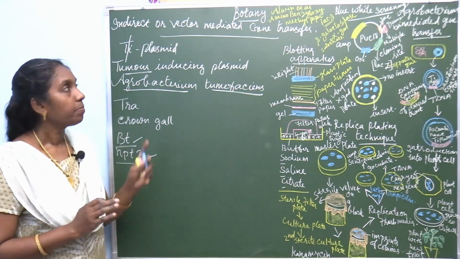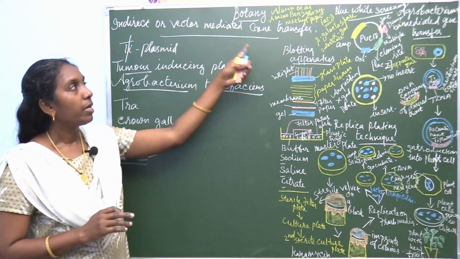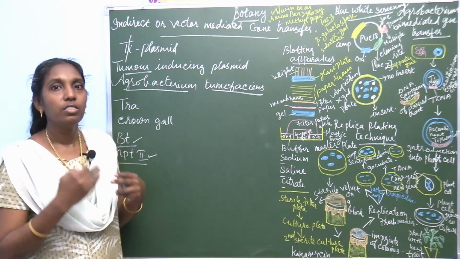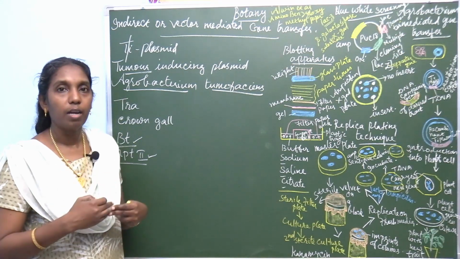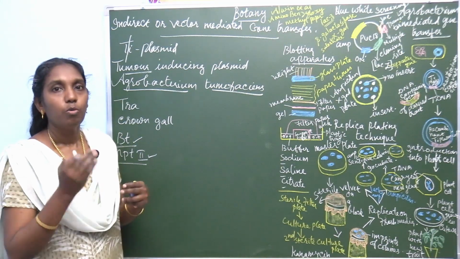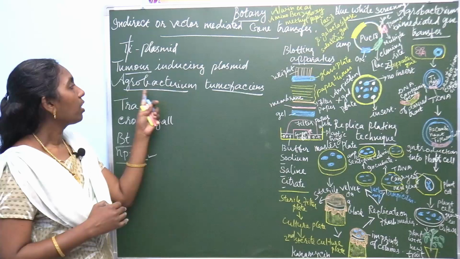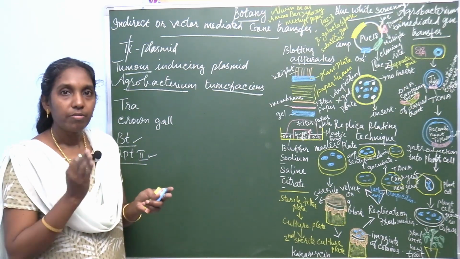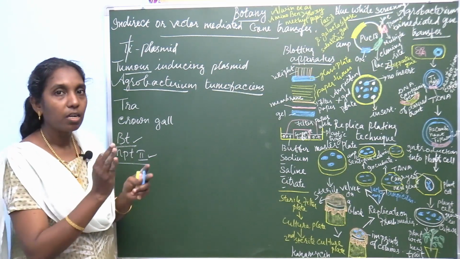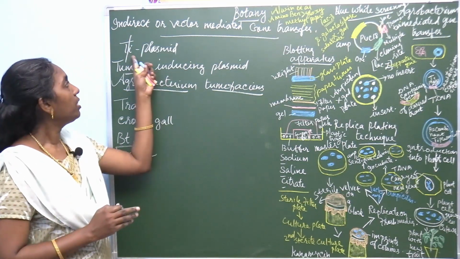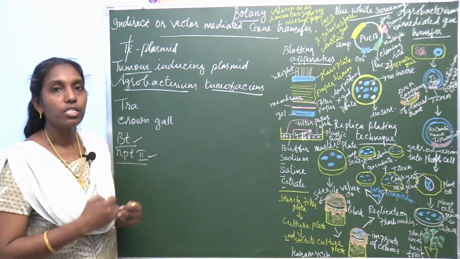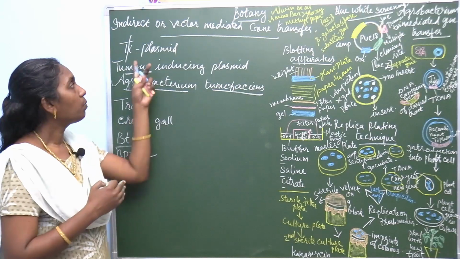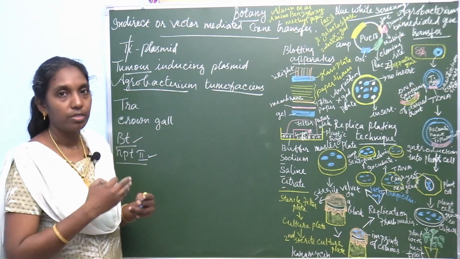So, first question: vector mediated gene transfer. In plants, genes are transferred with the help of the Ti plasmid, which is obtained from Agrobacterium tumefaciens. The Ti plasmid contains the T-DNA; this part of the gene is isolated or removed from the Ti and modified, and this plasmid is helpful to transfer the gene.